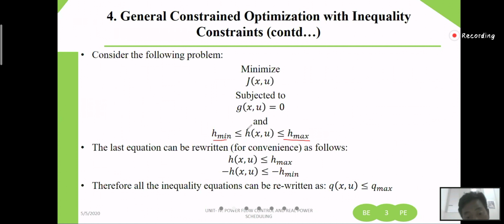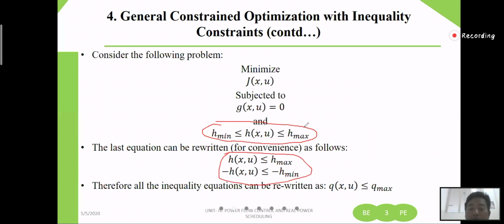So this inequality constraint, or this last equation, can be rewritten as h(x, u) can be written by this portion also, or we can write minus h(x) is equal to minus h minimum, right? So this one can also be rewritten, and generally we can rewrite it as an inequality constraint. If you use this one, it is very difficult to solve. We will rearrange this for our convenience, and then rewrite this inequality equation as q(x, u) less than or equal to q max.